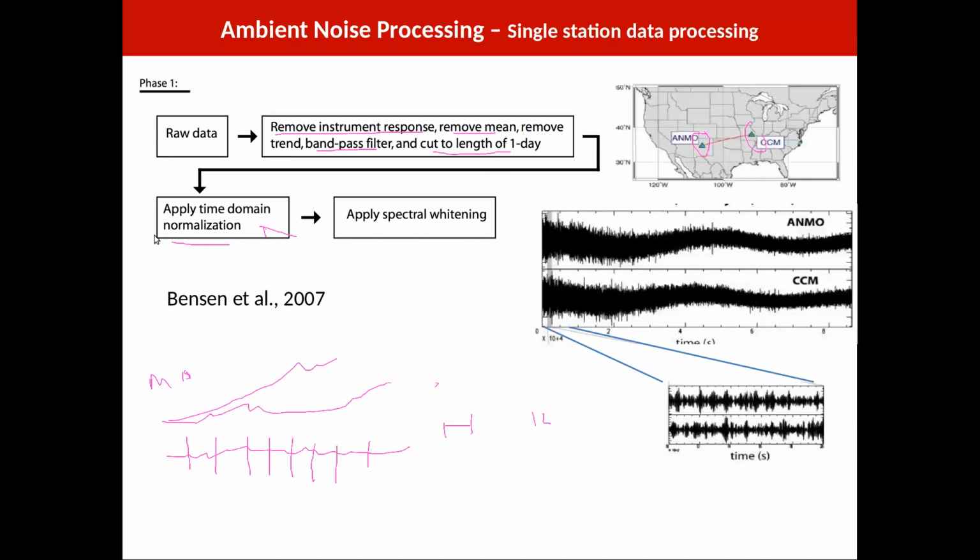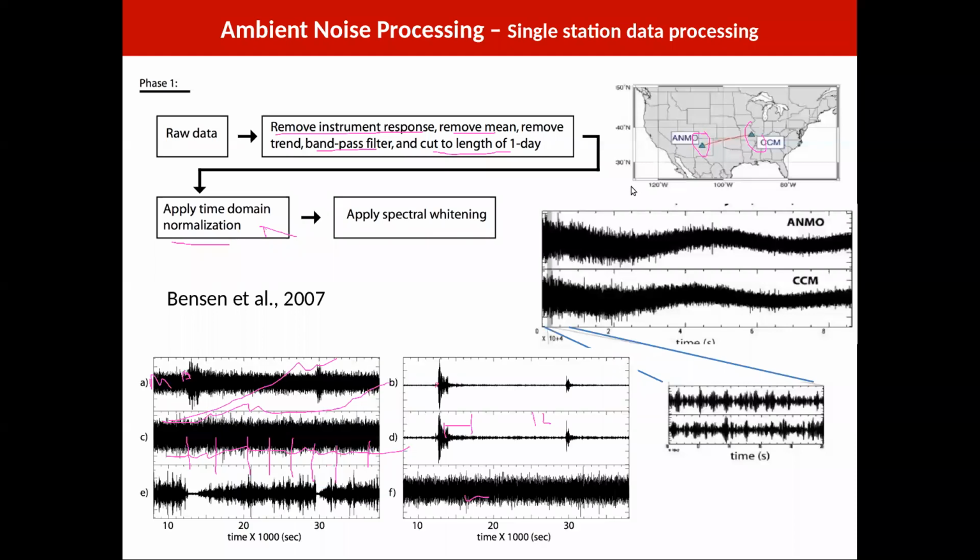This normalization technique will take away the earthquake signals from the data. So what is left is just the signal coming from the noise sources distributed around the stations. And then we apply spectral whitening, which is to broaden the amplitudes of the frequency ranges.